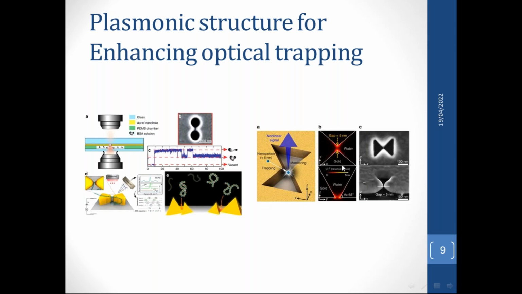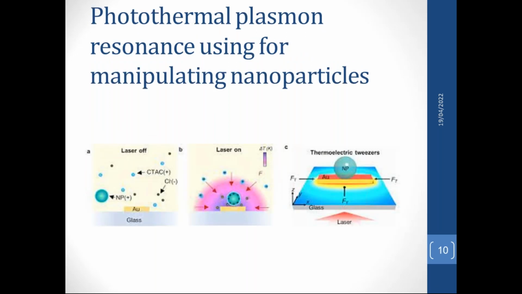Also here you observe another way of creating a plasmon trap. But what we are doing in our case is a little different, because we use the trapped particle as a plasmon resonance effect.